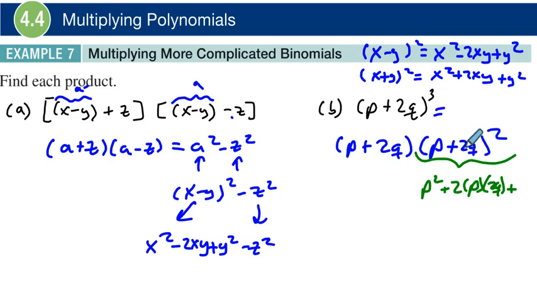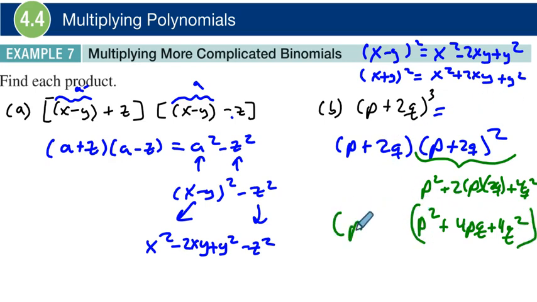Here my last term is 2q, squared, 2 squared times q squared, I get 4q squared. Now just combine those together, and I get p squared plus 2 times 2 is 4pq plus 4q squared.